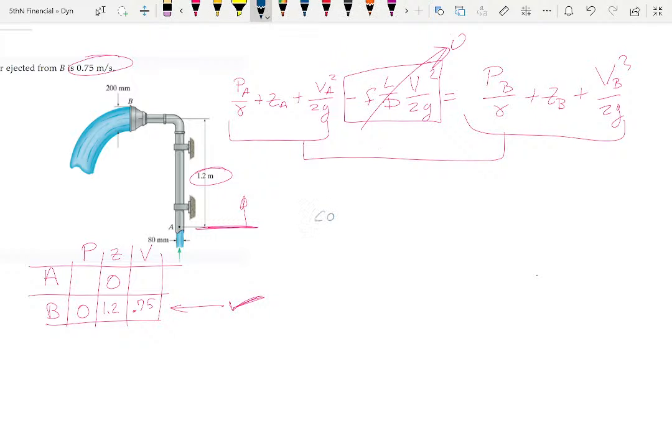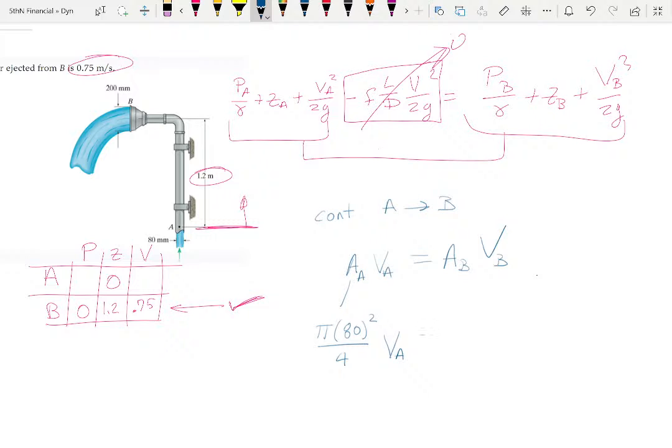So using continuity first, I'll go from A to B. Area at A times velocity at A is equal to area at B times velocity at B. And so there you go. I don't know A, right?